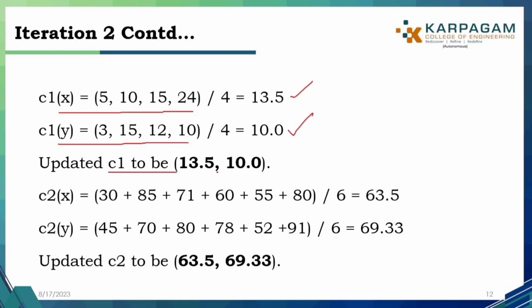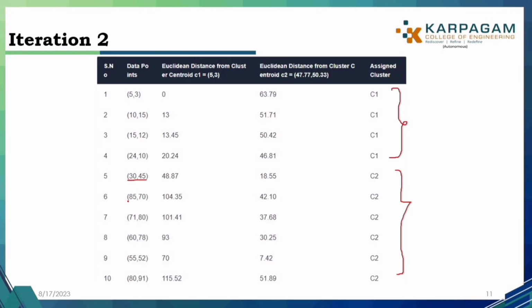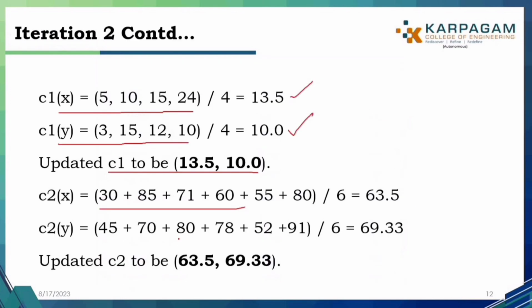This is for C1 right now. Now C1 is updated. Likewise for C2, the x coordinates 30 plus 85 plus 71 till 80 divided by 6 elements, and for the y coordinate, the same 6 elements divided by 6, getting 69.33. So this is the updated one.